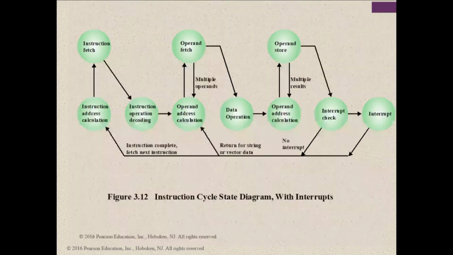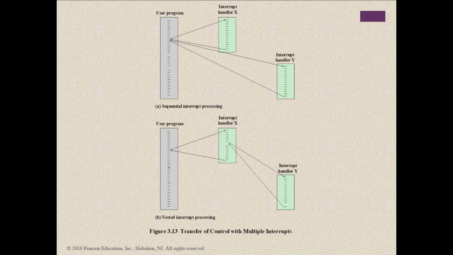For the next figure, 3.13, we have the transfer of control with multiple interrupts. Two approaches can be taken to deal with multiple interrupts. What if there are many programs that need to be serviced? The first is to disable interrupts while an interrupt is being processed. A disabled interrupt simply means that the processor can and will ignore the interrupt request signal.